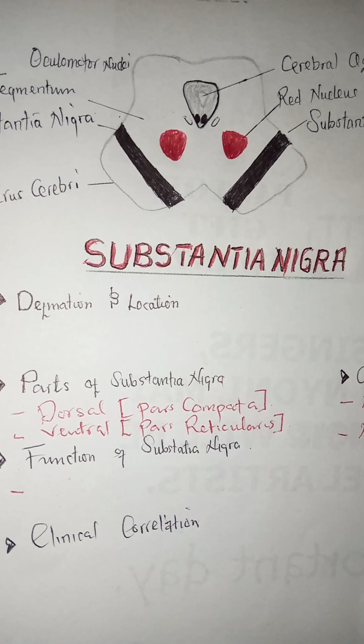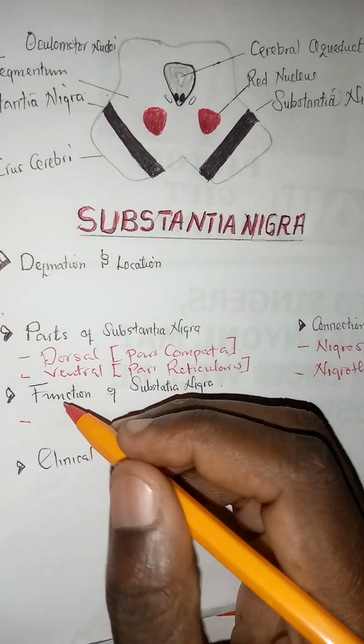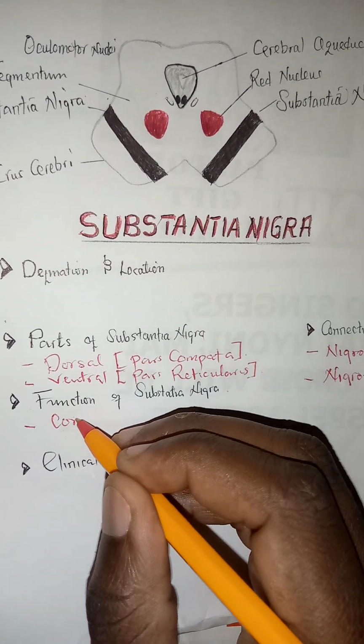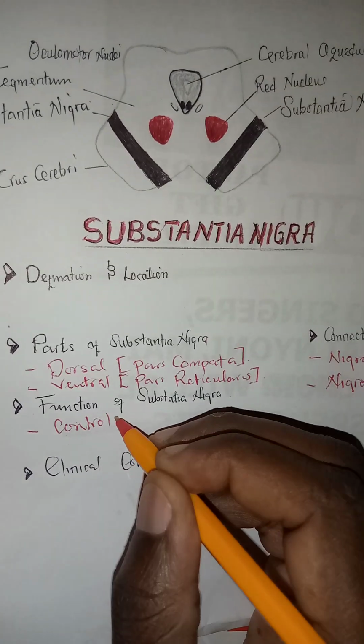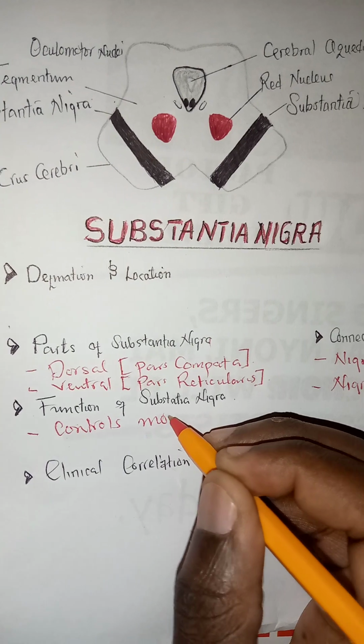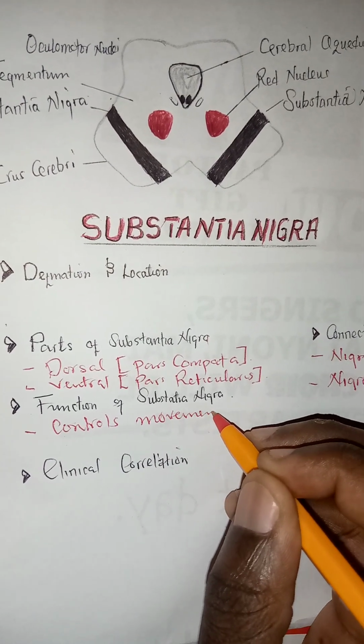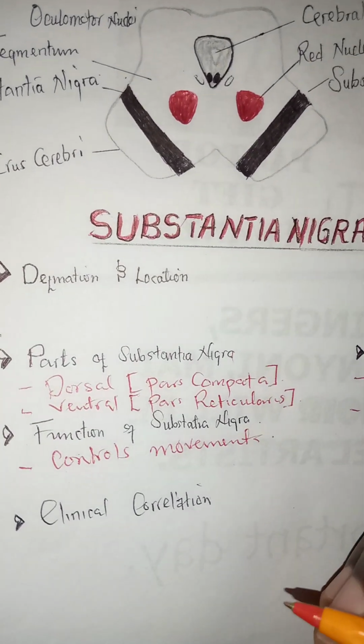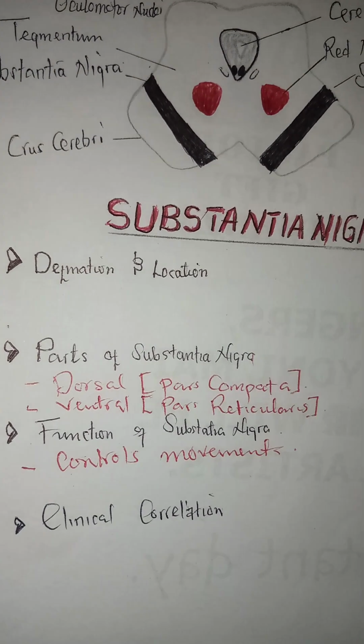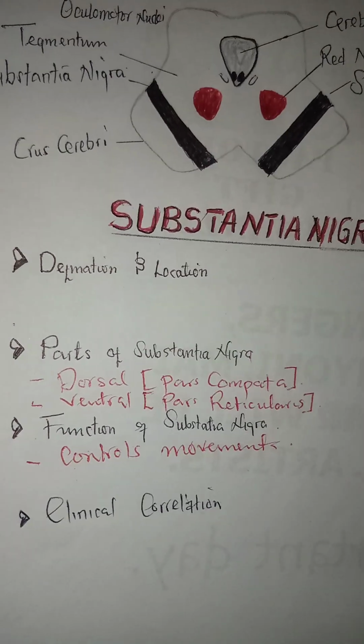So it controls movement. That's the main function of the substantia nigra.